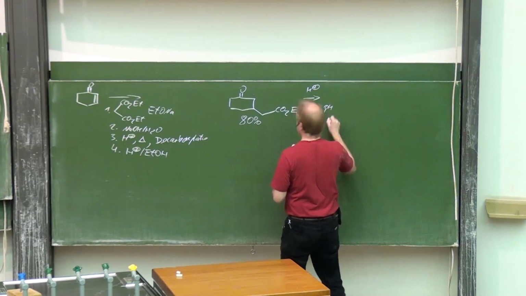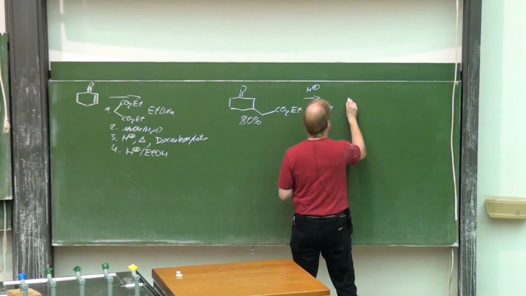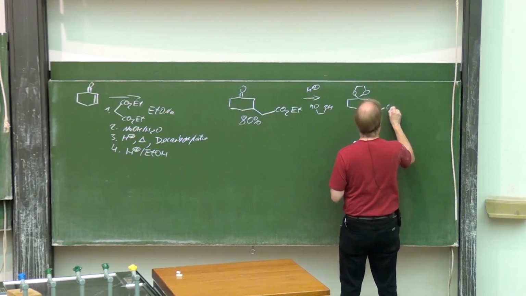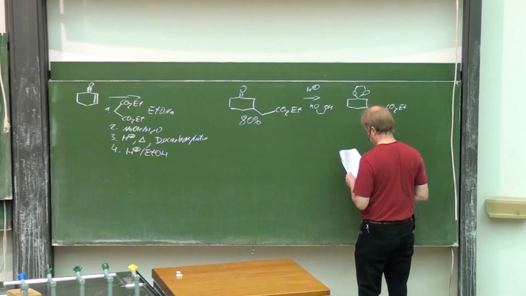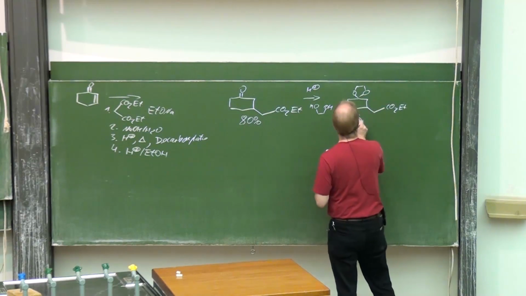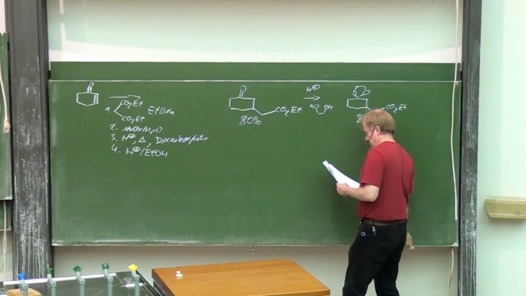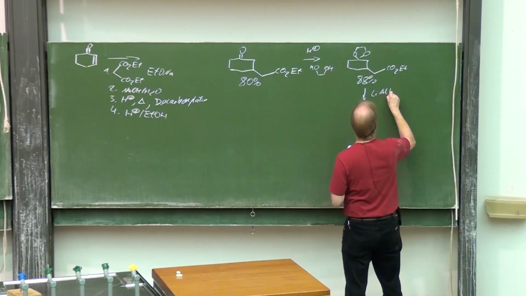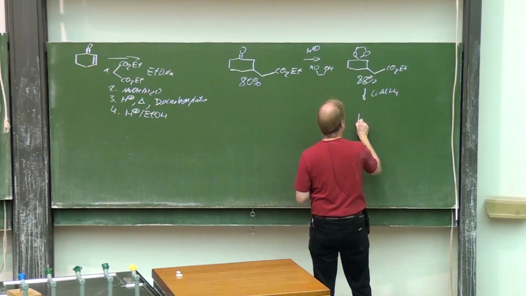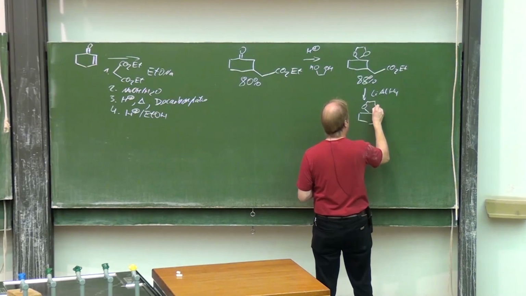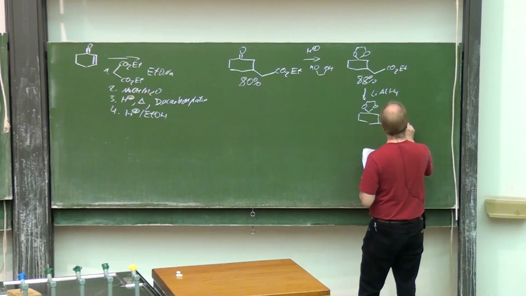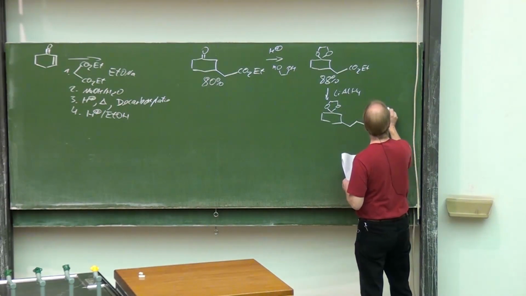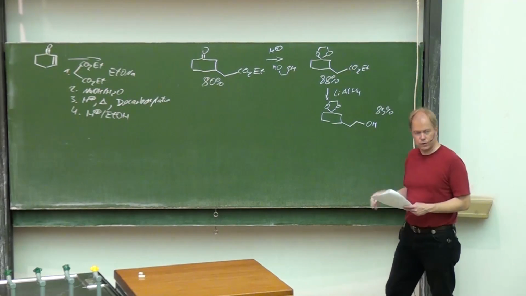Introducing the protecting group worked out with 88% yield, then reducing with lithium aluminum hydride produced that alcohol with 85% yield, all steps with rather good yield.